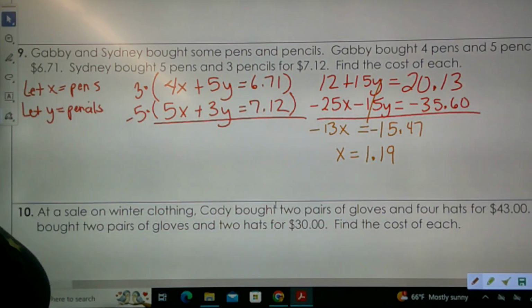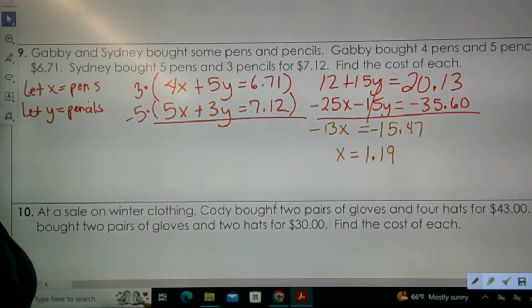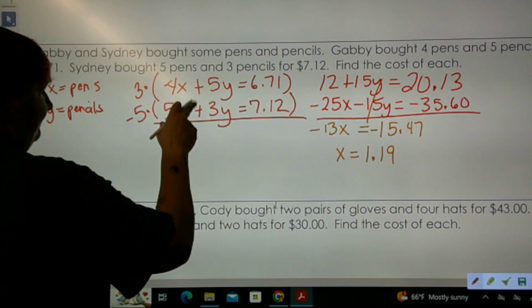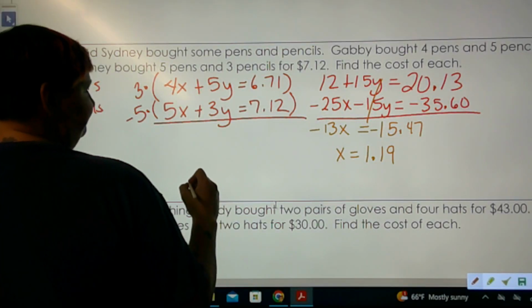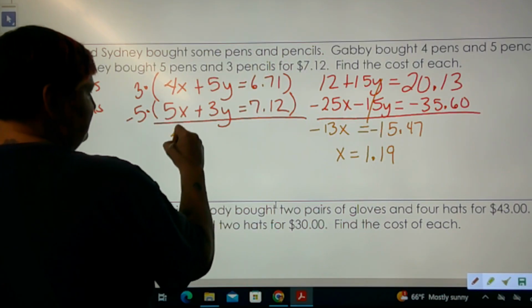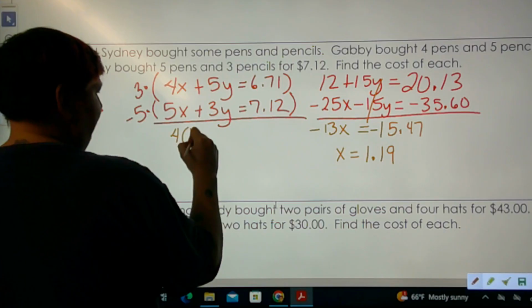Now that we know pens are $1.19, let's find out how much pencils are. It doesn't matter which equation you use. Do the first one and see what you end up with.